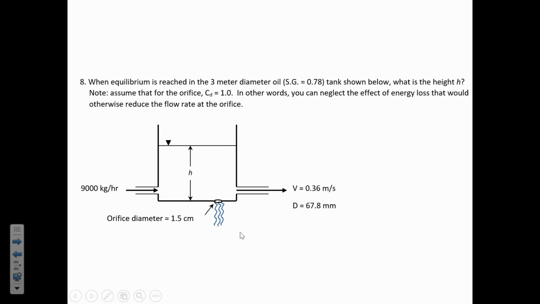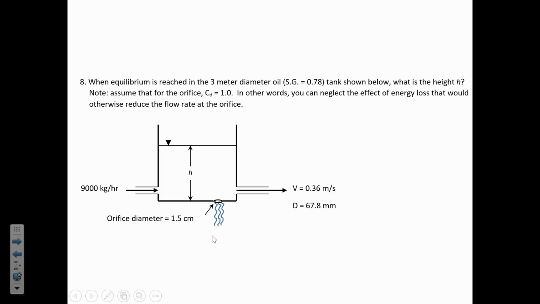I wanted to just give you a small bit of clarification and guidance on this problem, because we can see that there is a flow rate in through one pipe. And this is an oil where some specific gravity is specified. So from the specific gravity, you can get the density of the oil. But you'll notice that what is coming in is a mass flow rate, and then the outflow from this enclosed pipe is going to be specified in volumetric terms because we know the diameter and the average velocity.